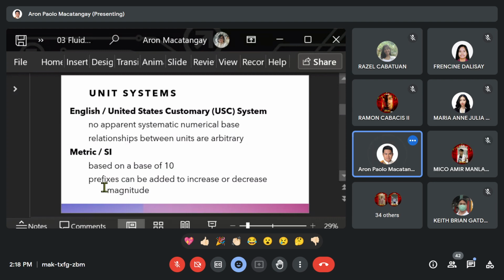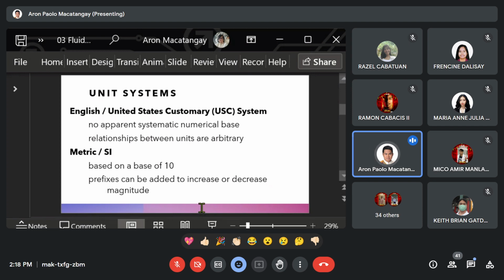We usually have two systems to describe the units. First is the English or the USC, United States Customary System. The challenge here is that the relationships between units are very arbitrary. For example, 1 foot is equal to 12 inches.